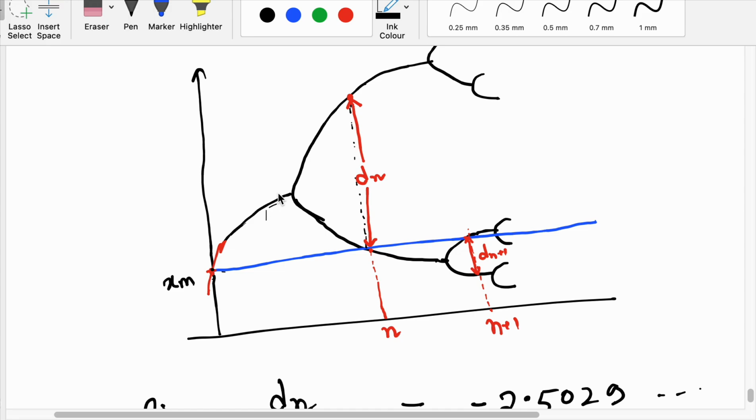This is also quite famous as the fig tree, because it is quite similar to the branches of a tree. The branches of a tree actually bifurcate in a similar manner as you will see in this case.